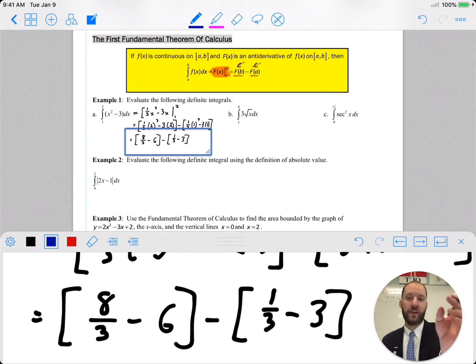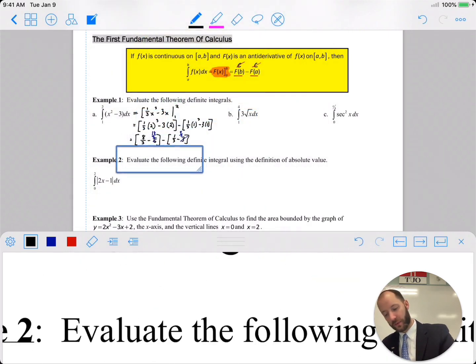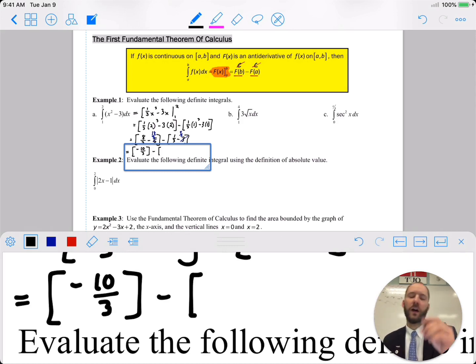My advice: instead of writing out a new line of work, get your common denominators in the existing line. You're still writing them down, but you're saving some room. You kind of want to walk a fine balance of writing work, but also writing work efficiently.